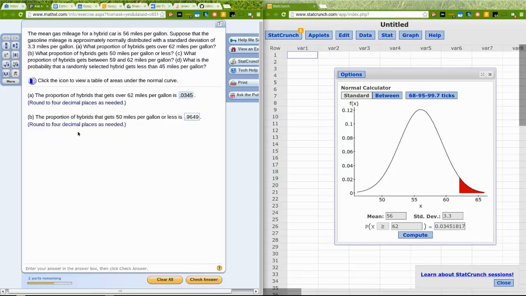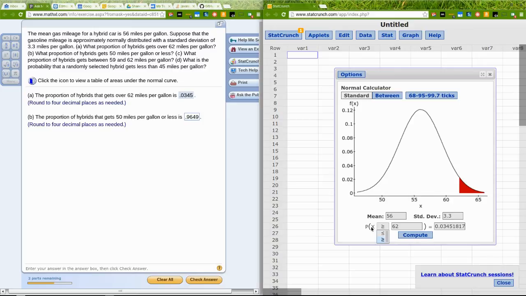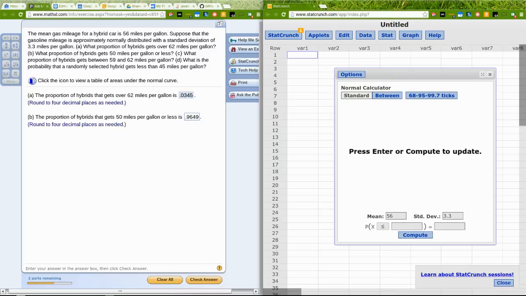Now, the same kind of thing happens on the proportion of hybrids that get 50 miles per gallon or less. Remember, the mean is 56 here. We're really talking about this area underneath the curve, so that's going to be pretty small too. To use the calculator, we just need to switch this to less than and then enter 50.